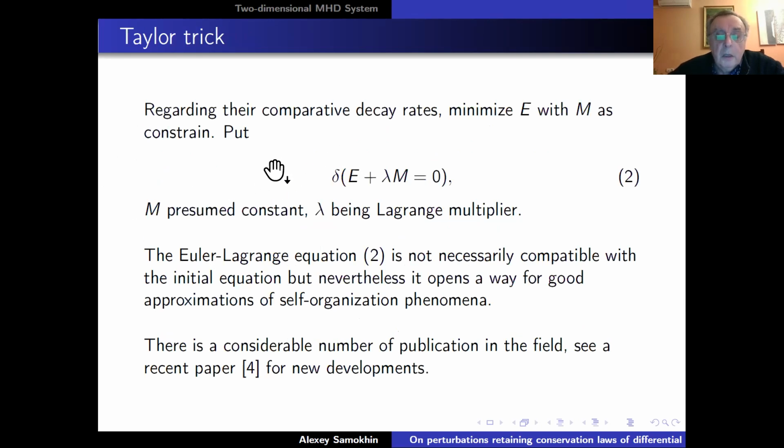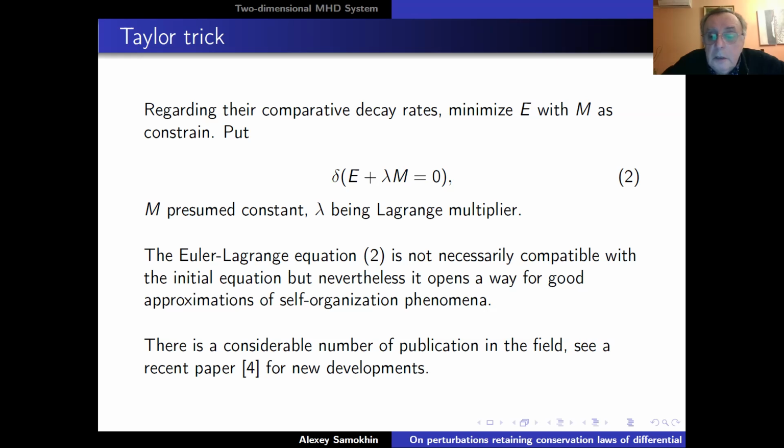It's rather simple. When we consider the Euler-Lagrange equation where energy is minimized and momentum is presumed constant, the system added to the initial system on plasma gave such solutions, at least they were very close to the real solution.